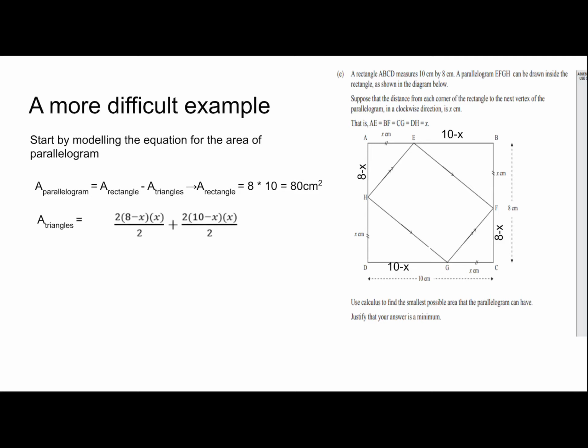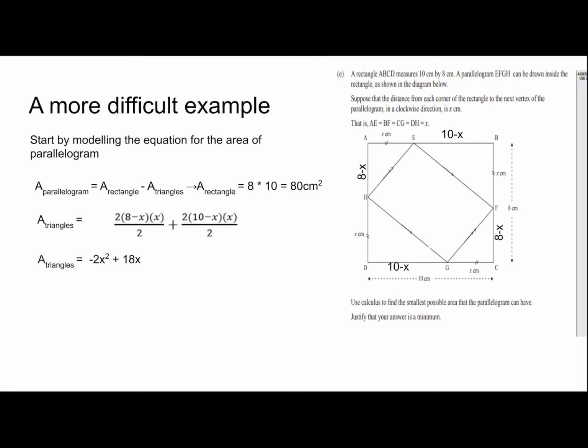So there are two of the same triangles, so the 2 cancels out. It's exactly the same with the 10 minus x and the x for the other two triangles. So we find our area of the triangles, and simplify this equation: the area of the triangles equals negative 2x squared plus 18x.